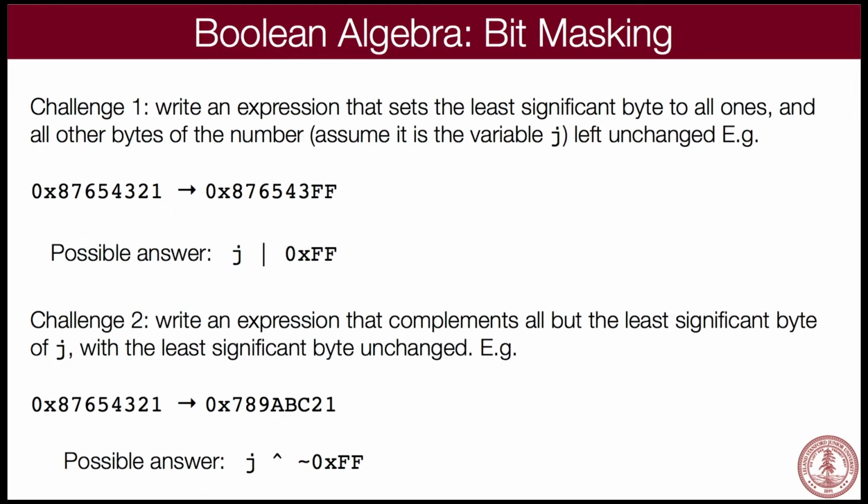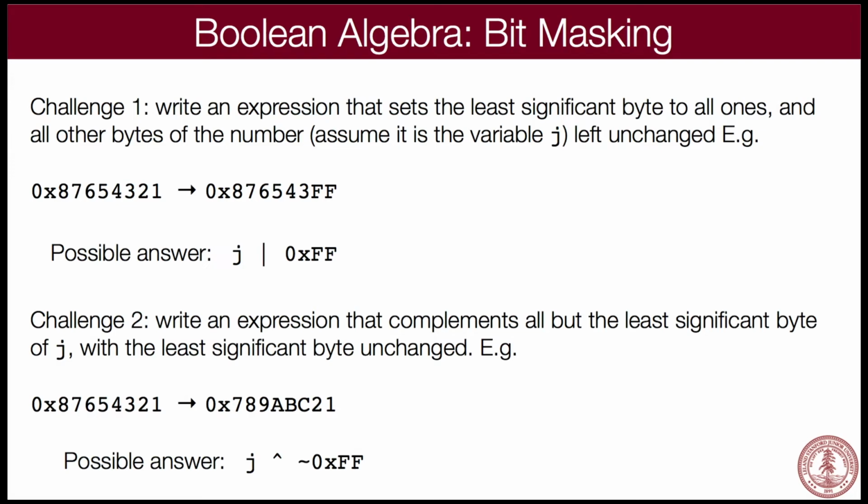Here's a challenge for you. Write an expression that sets the least significant byte to all 1s and leaves all other bytes of the number unchanged. I guess it's not a challenge because my slide already shows it. Here's how we might do it.